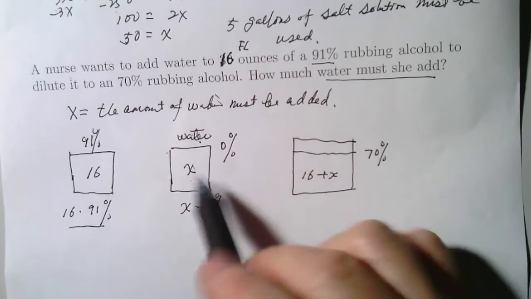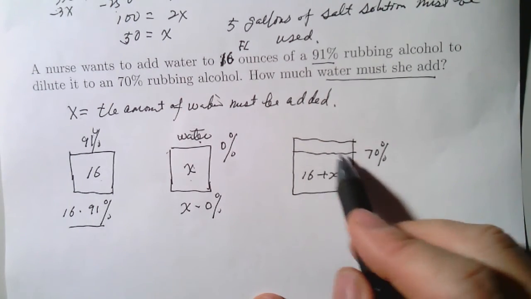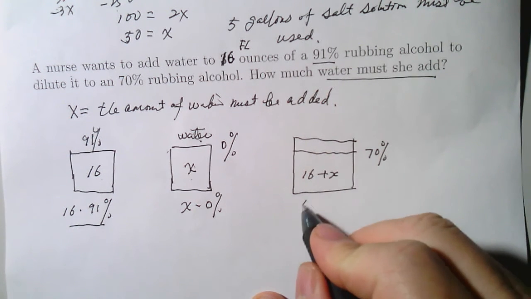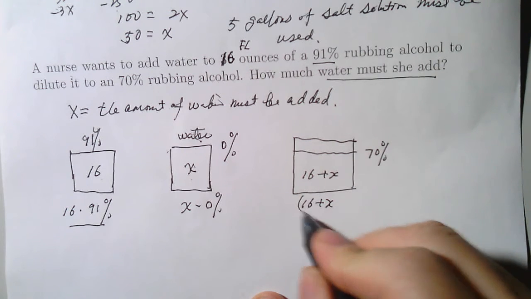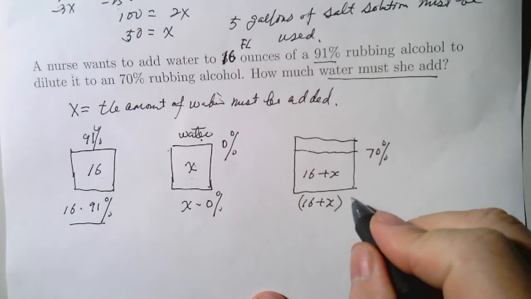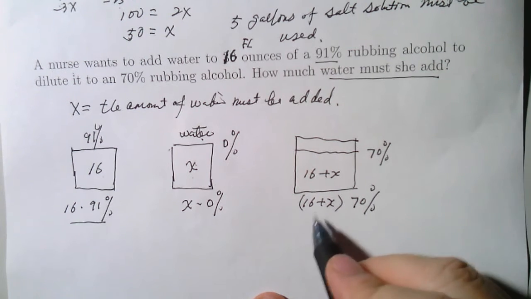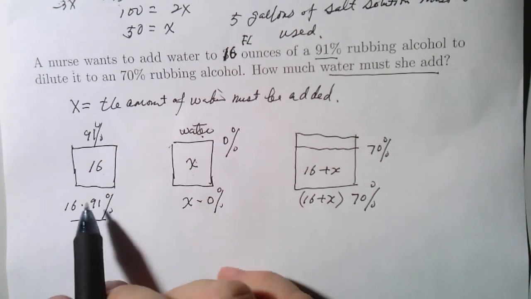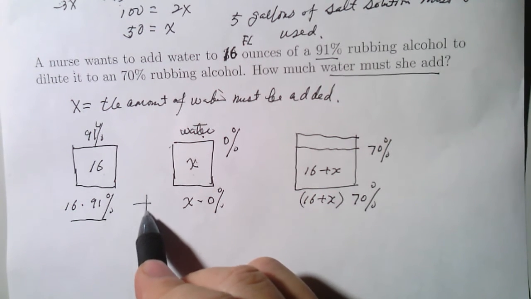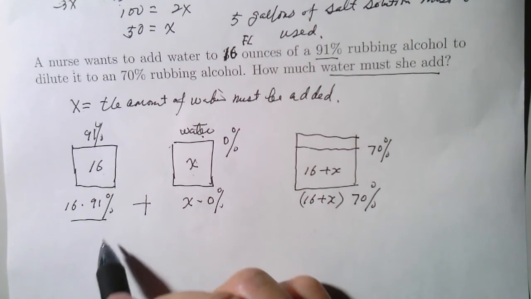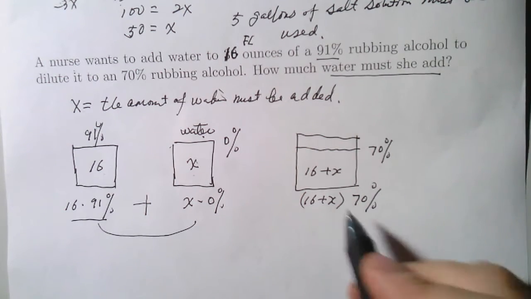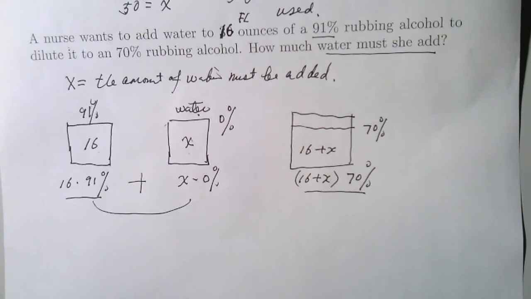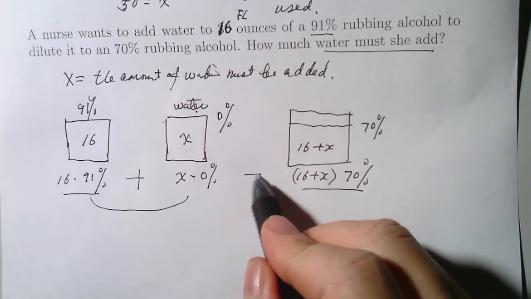After you add water, the solution is diluted to 70%, so the total amount of pure alcohol is 16 plus x times 70%. The amount before mixing and the amount after mixing must be equal.